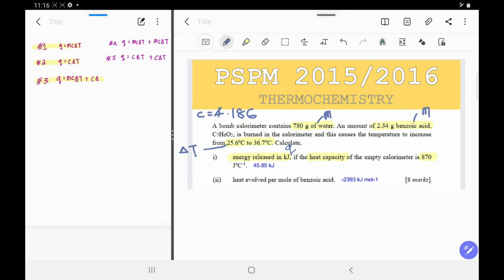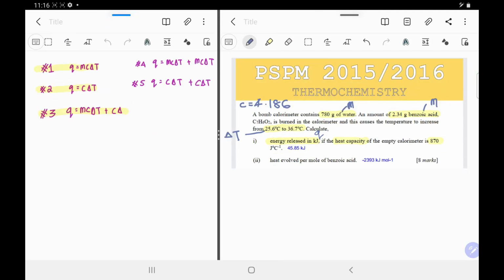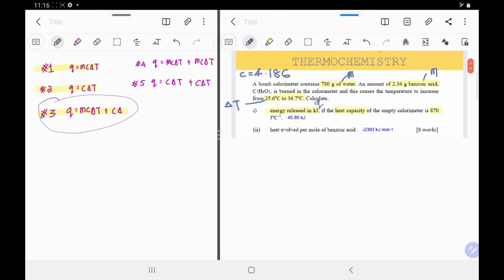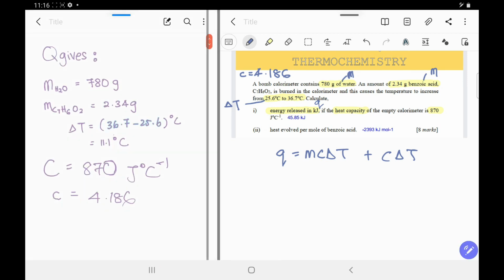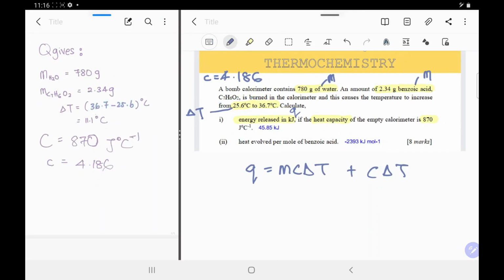So from here we're going to use the formula number 3, C plus C. All right, so go back to the list of information. Basically we just need to substitute all the values into the formula.